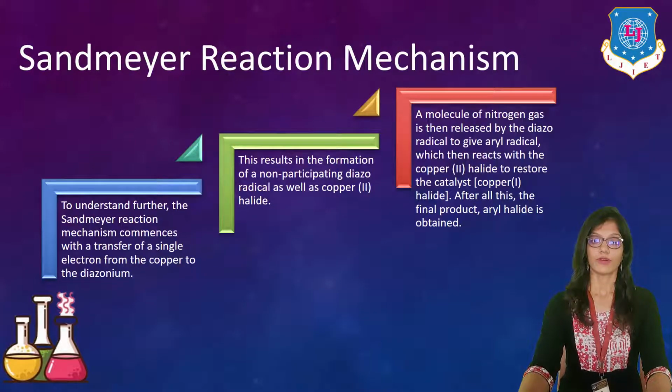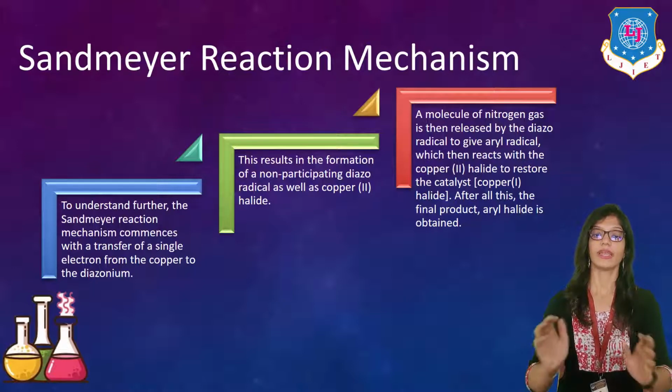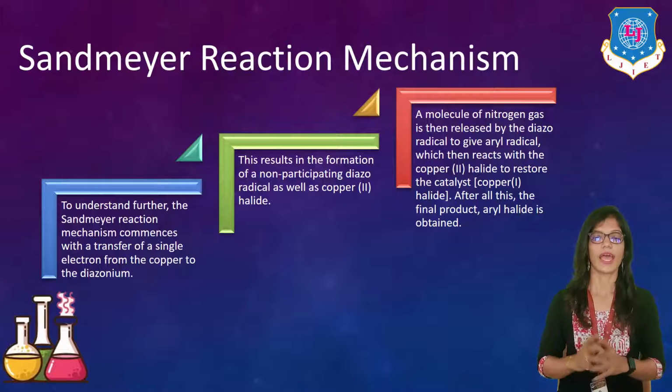To understand further, the Sandmeyer reaction mechanism commences with a transfer of a single electron from the copper to diazonium. Now this results in the formation of a non-participating diazo radical as well as copper(II) halide.